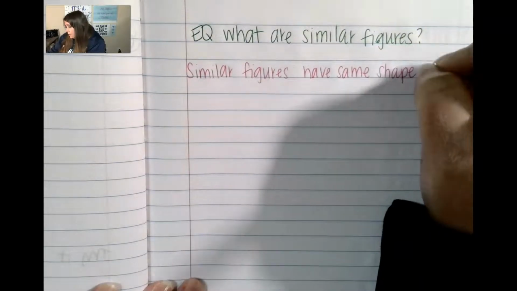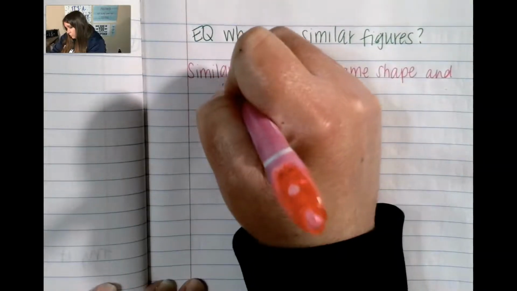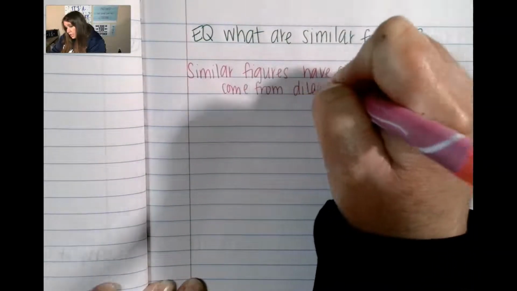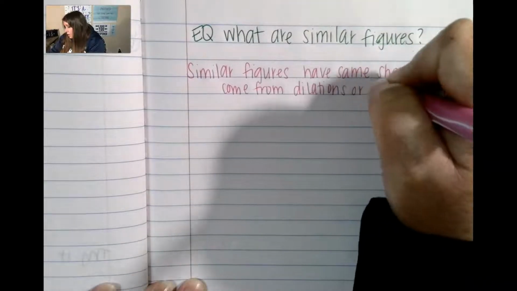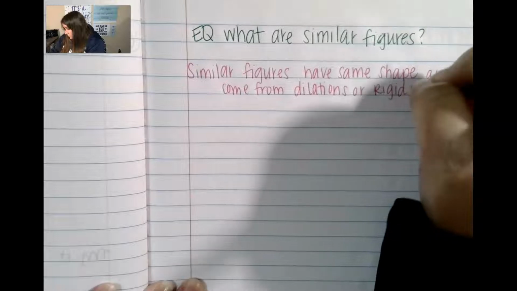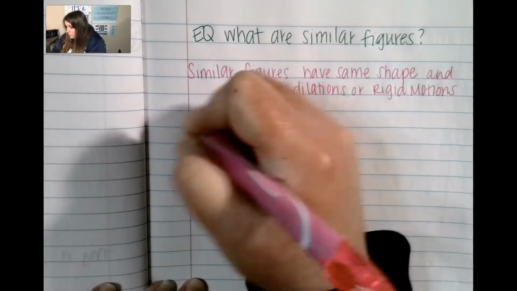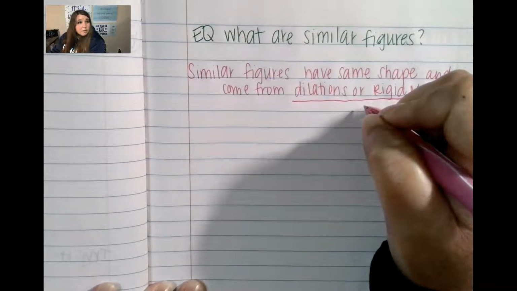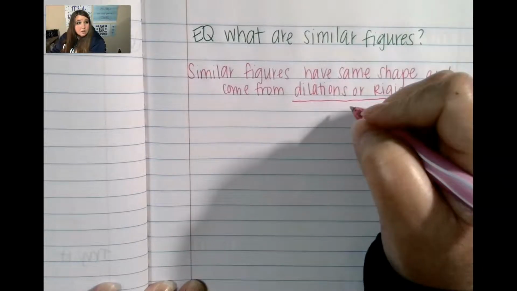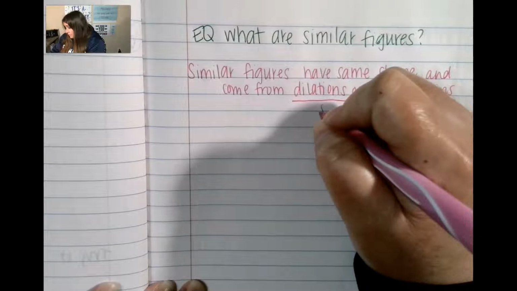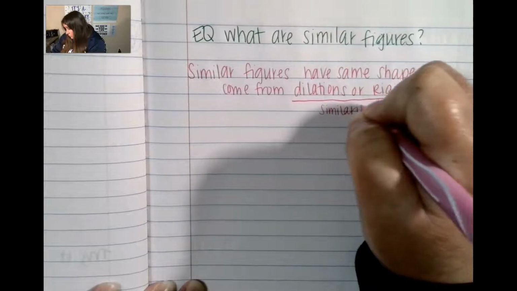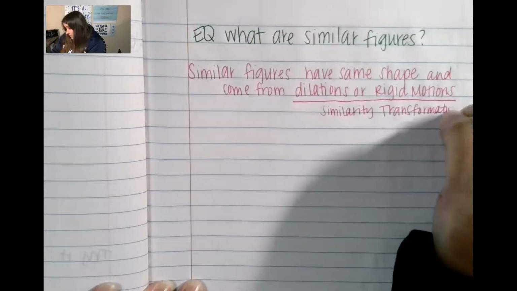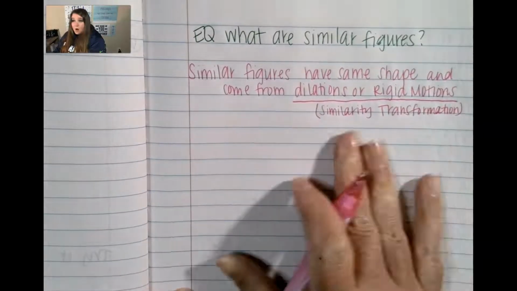So they have the same shape and come from dilations or rigid motions. The vocabulary word we use to describe these two things is similarity transformation, meaning a transformation that creates a similar object.